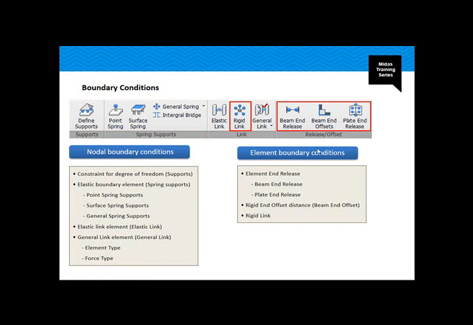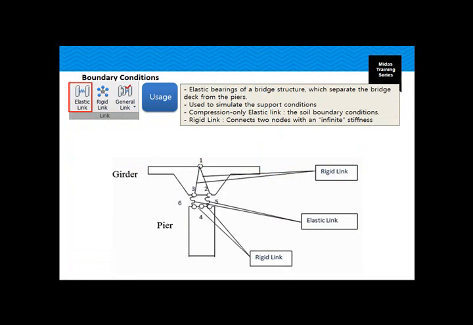We also have rigid links, as I mentioned or showed you in the model, to rigidly connect the superstructure with the bearings. This is more or less a diagram of how the wizard generated the connection between the superstructure and the substructure.